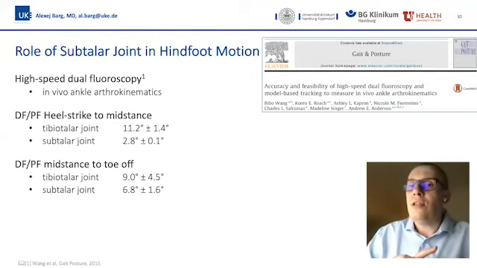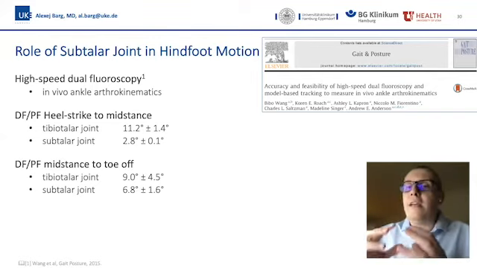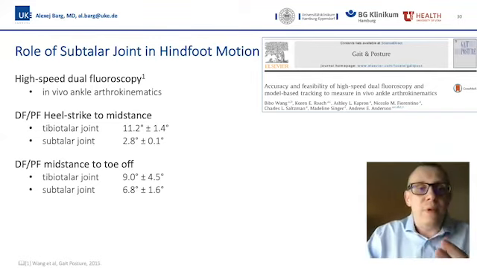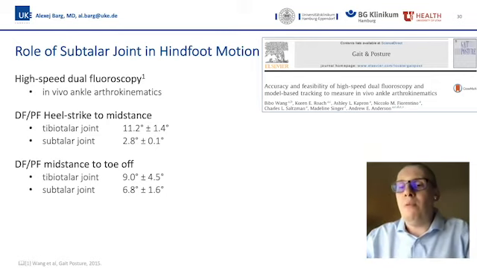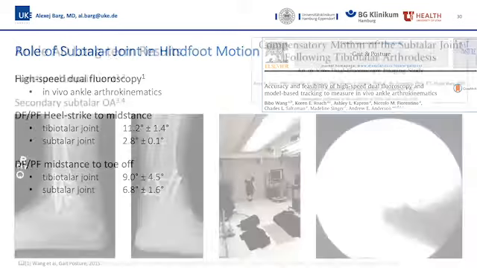This is actually not true. For example, when you go to the toe off, almost the same amount of dorsiflexion, plantar flexion comes from the subtalar joint.